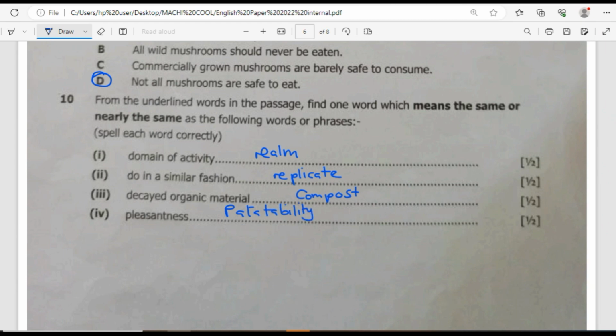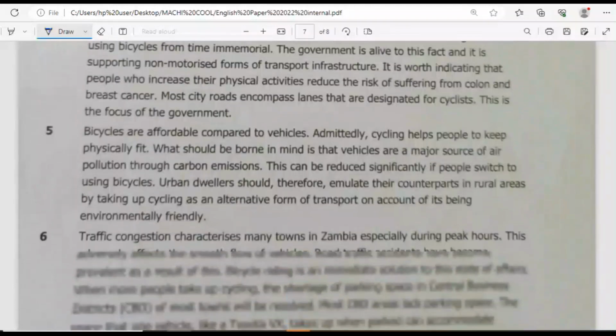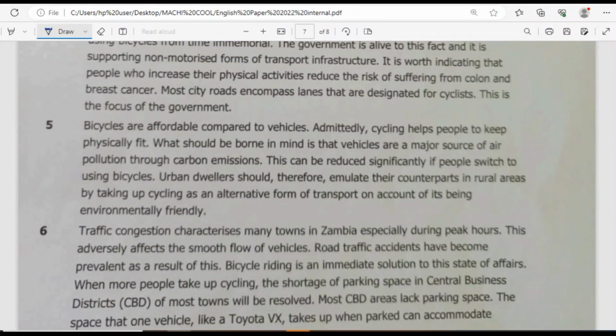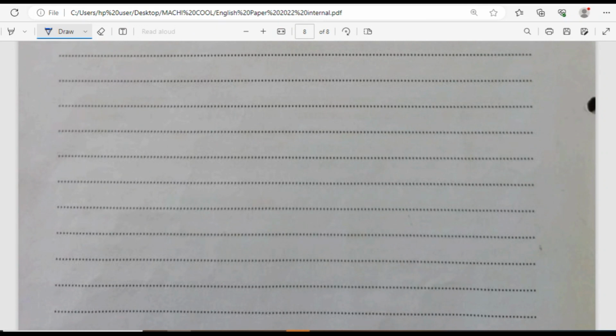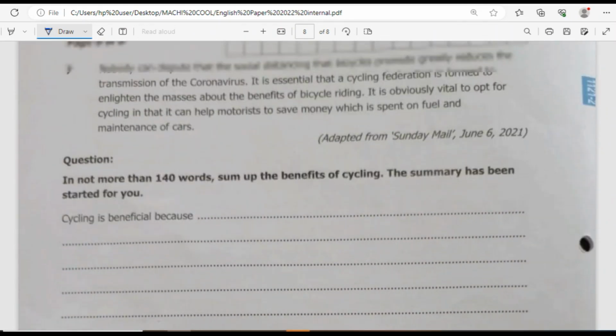Okay, so we can move to the last part, which is the summary. For the summary, you have to go to the instruction first. You have been told that the words should not exceed 140.